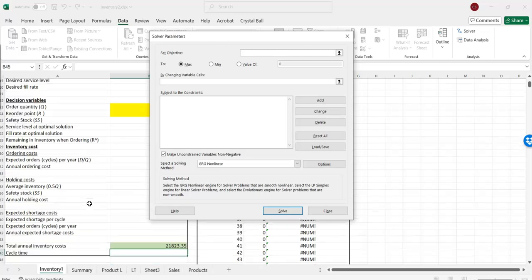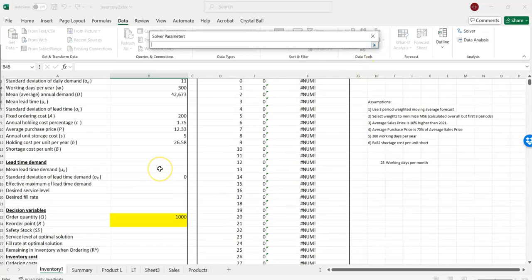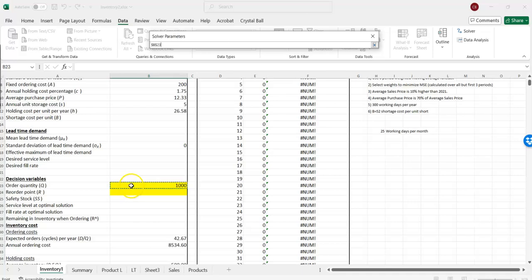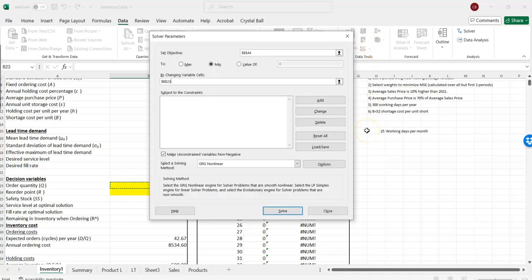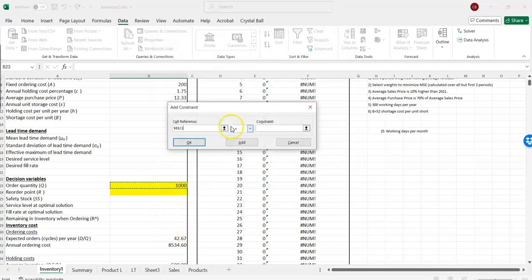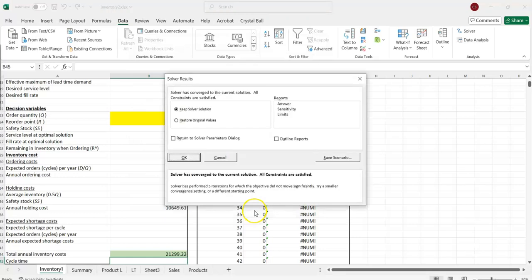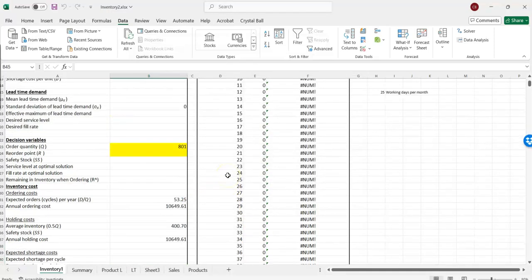So we would want to have as the objective our total cost, our changing cell will be just order quantity, and then the only constraint we'd have right now is just that our order quantity is greater than or equal to 1, and that'll just keep us from having errors in our spreadsheet. So that should give us our economic order quantity, and it's 801.